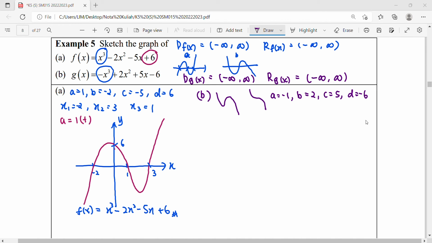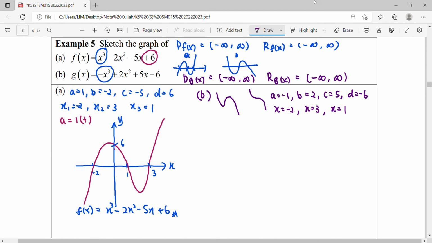So you have the first root where x equals -2. And then second root, x equals 3. And then you have third root where x equals 1.